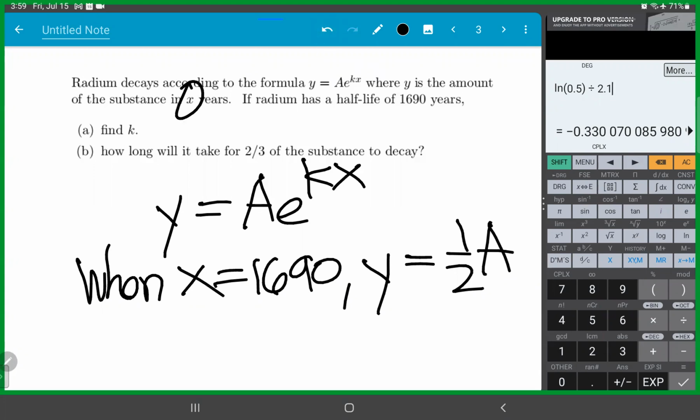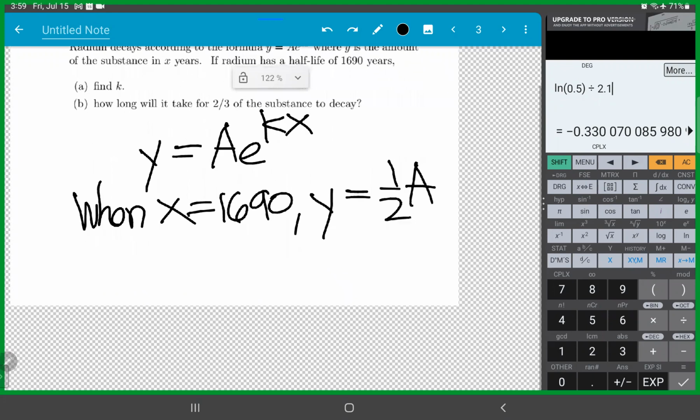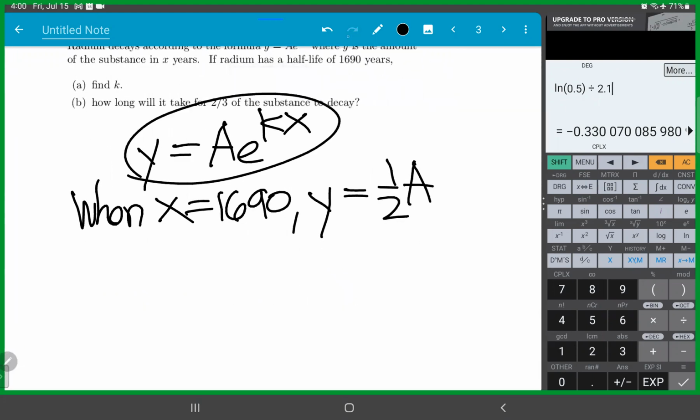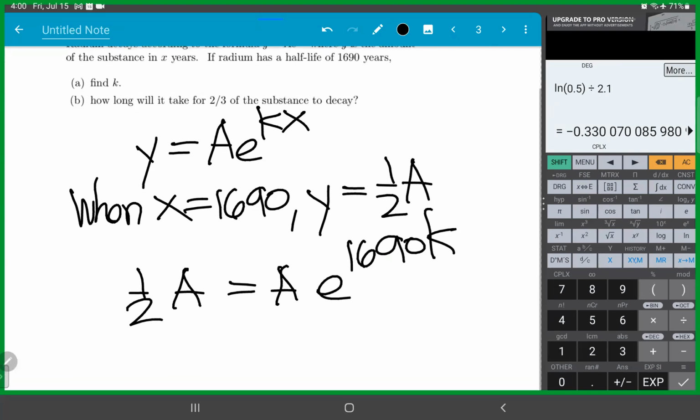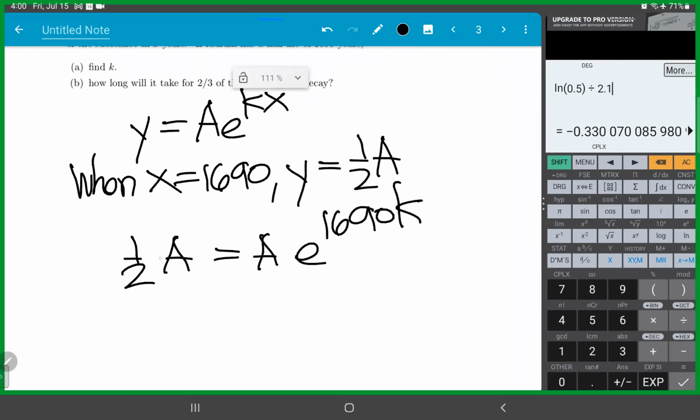Okay. So using this, okay, plugging in, a cancels out. You take the ln of both sides.